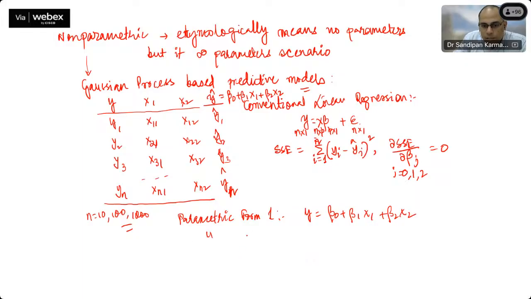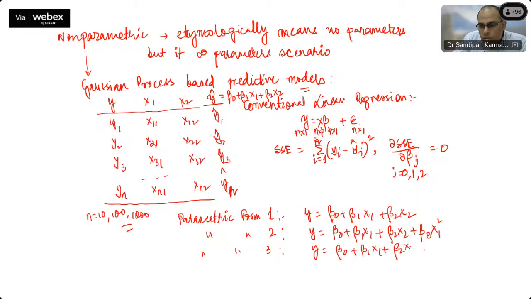Parametric form 2 can be y equals beta naught plus beta 1 x1 plus beta 2 x2 plus beta 3 x1 square. Parametric form 3 can be y equals beta naught plus beta 1 x1 plus beta 2 x2 plus beta 4 x2 square. This can be another.